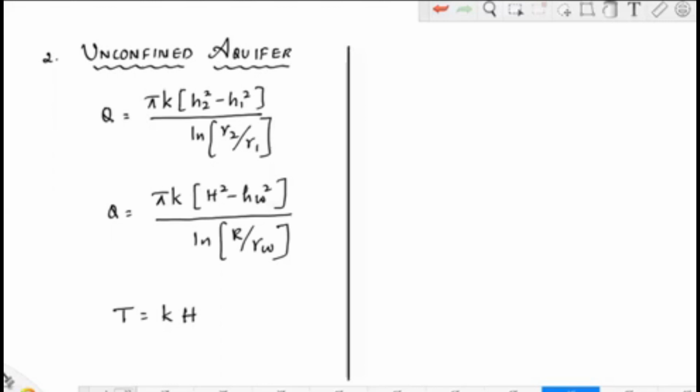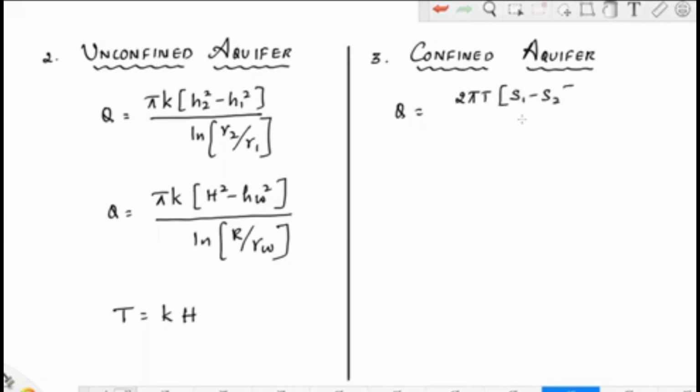Then confined aquifer formulae. Q is equal to 2 pi T into S1 minus S2 divided by ln of R2 by R1.